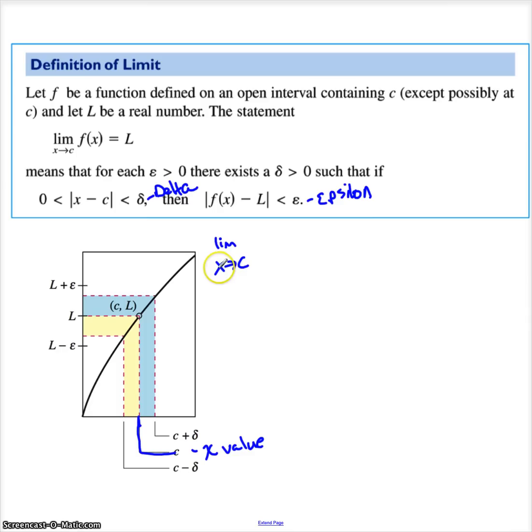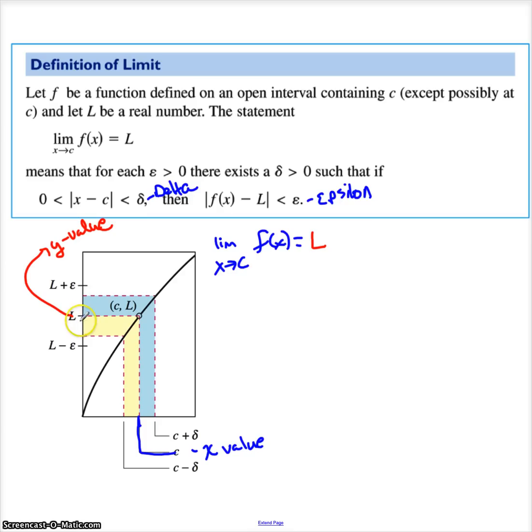So the limit as x approaches c of my function is equal to L, all right? This L is always a y value on your graphs.